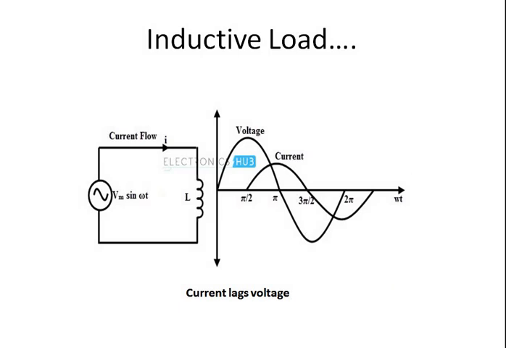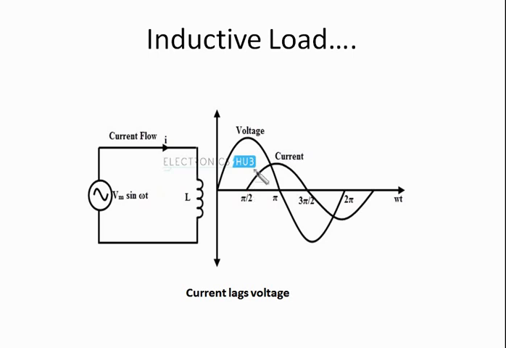Next is inductive load. In this circuit, inductive coil, that is inductive load, is applied to the circuit. Current I is flowing through the circuit. In resistive load, you must have seen that there is no phase difference between voltage and current. Here you can see that the current waveform is not starting at 0 where the voltage waveform is starting, but there is a phase difference, that it is starting at an angle of pi by 2, that is 90 degree.